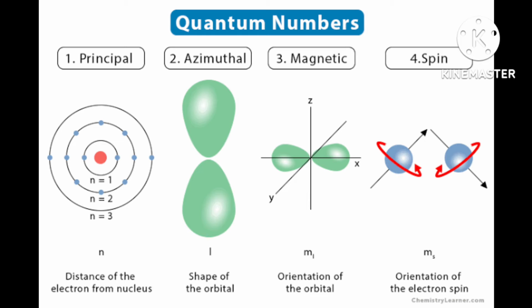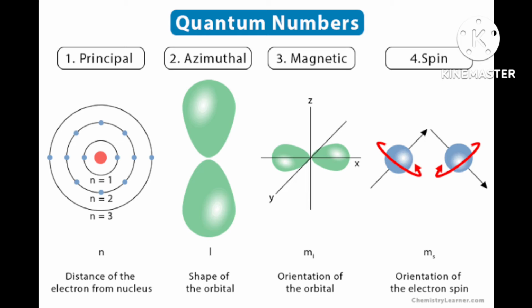n and l. Subcell is telling about the l, that is the azimuthal quantum number. l means when n you are knowing, then l you are knowing. How both are related? Then a very simple formula is there. Keep in mind, that is n is equal to 2l plus 1. This formula don't forget. This is the second formula I am telling you.